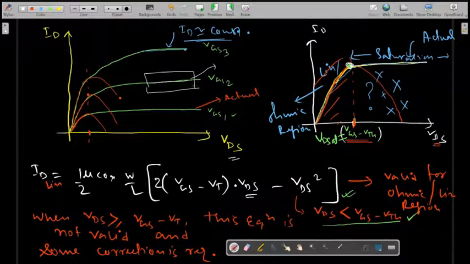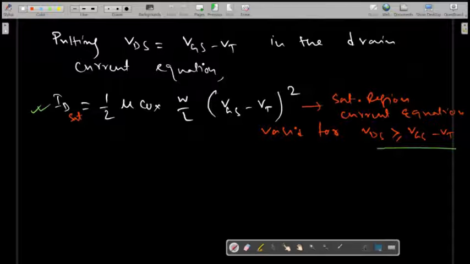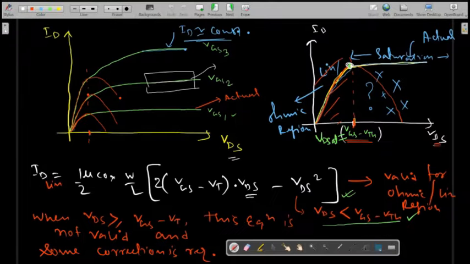So when we are increasing the value of VDS, the current is not perfectly constant, it is slowly varying. But in the equation we derived for the saturation region, there is no VDS term, so it is perfectly constant.